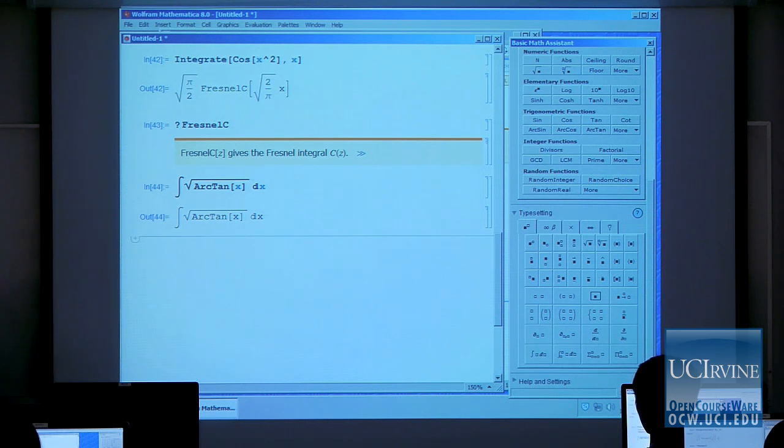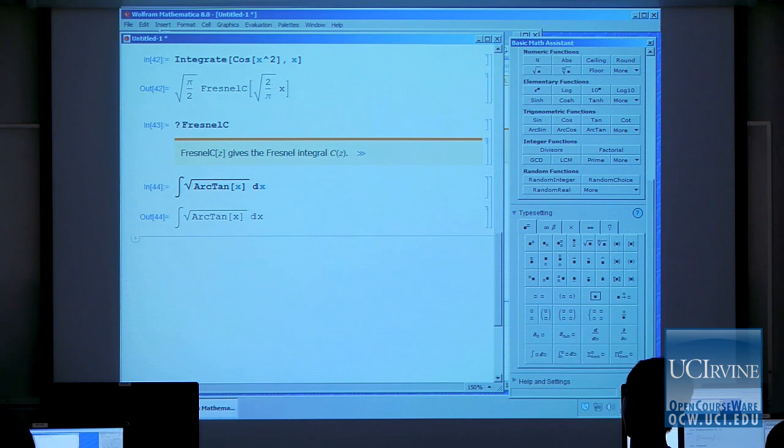What does that mean? Couldn't do it. Square root of arctangent doesn't have an antiderivative. So Mathematica just spits it back at you. Integration is hard. Sometimes.